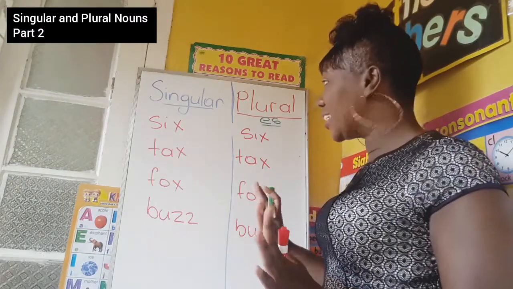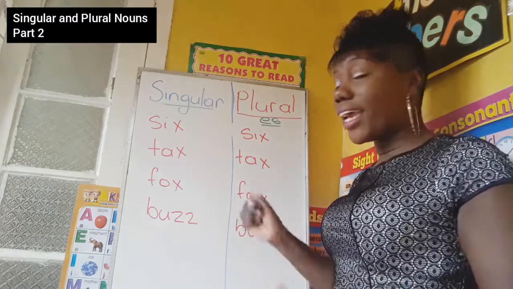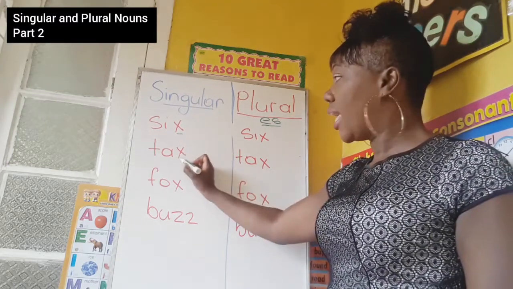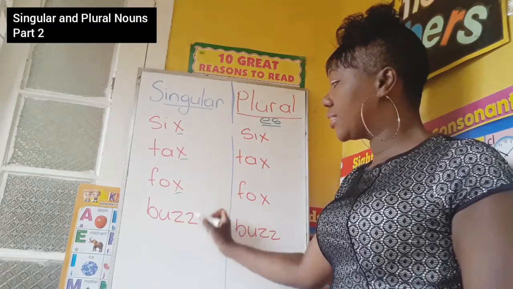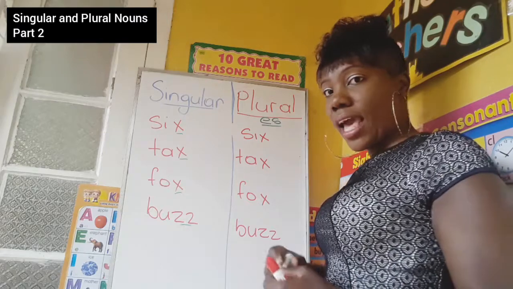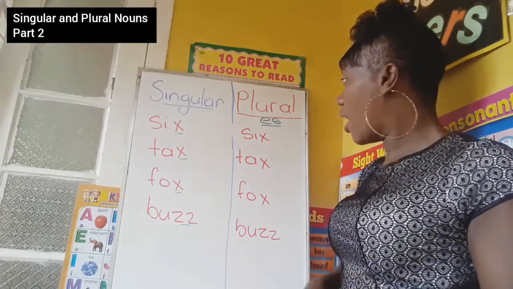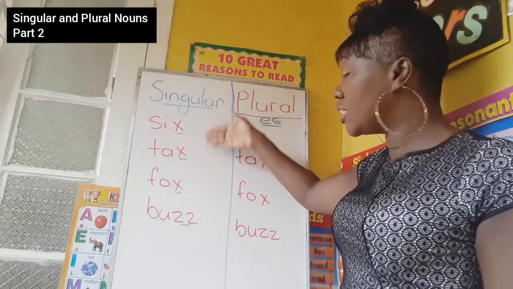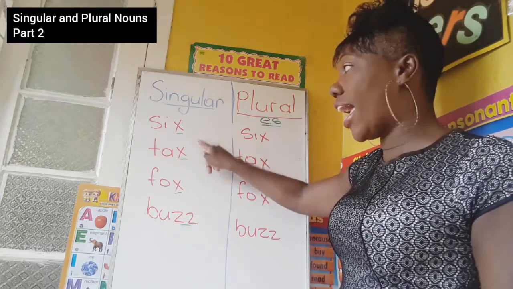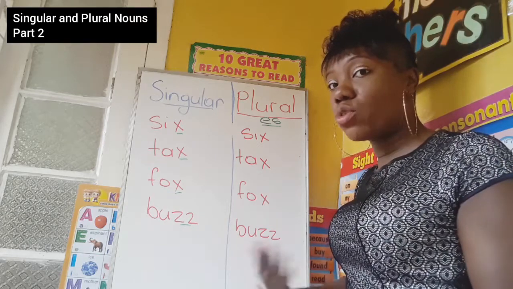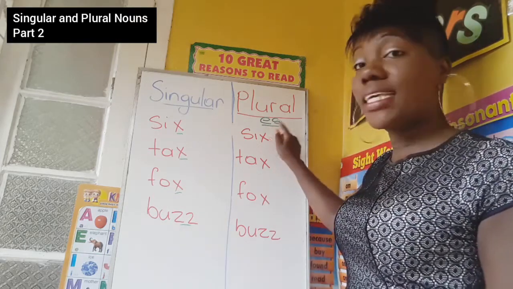Now our final set of words, they are ending in, what's this? X, and Z. And to make them plural, we add ES. So these nouns are ending with X. Remember, we say that nouns that end with X, to make them plural, we add ES.